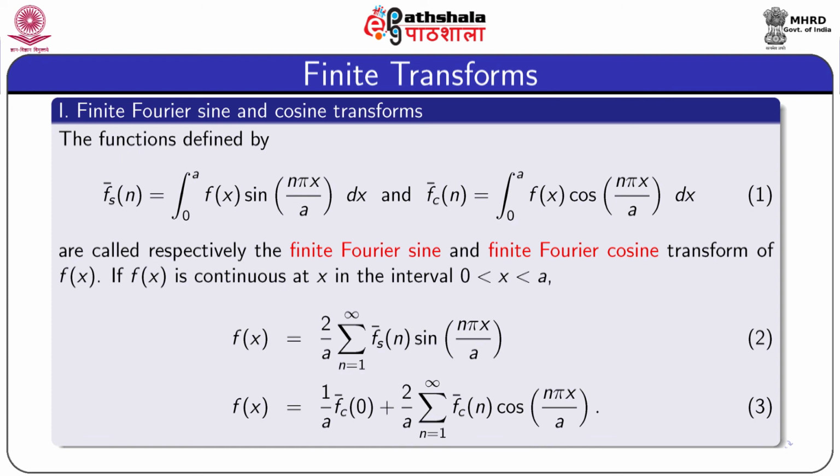Similarly, we can define the inverse cosine transform as f(x) equals 1 by a f bar c (0) plus 2 by a sum over n f bar c (n) into cos(n pi x by a).